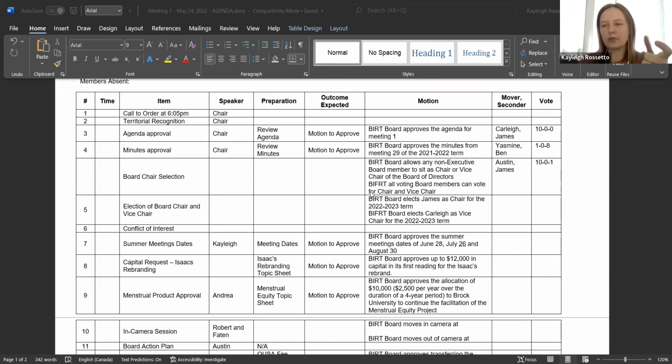Okay, there's two motions for the in camera. So when we go in camera before we talk about the exact presentation, I'll note the conflicts then, if that's okay with everyone. And this is for conflicts pertaining to the entire agenda today?